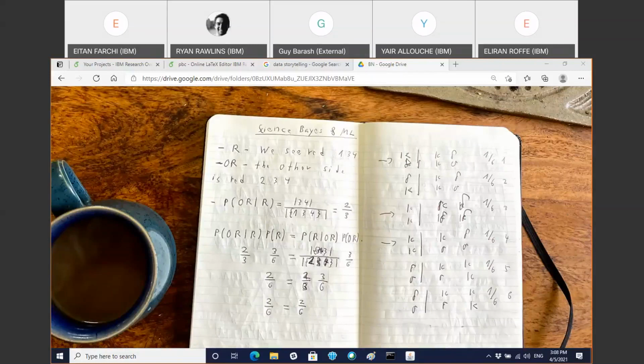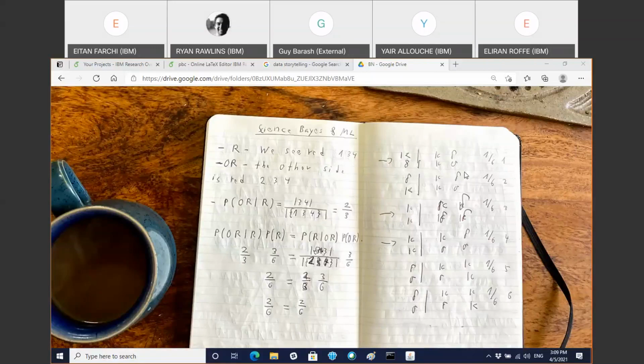So here I picked a card that is red on one side and white on the other side. And here, for instance, I picked a card that is white on both sides. Okay? And then once I pick a card randomly from a bag, I randomly choose to put it on one of its sides.